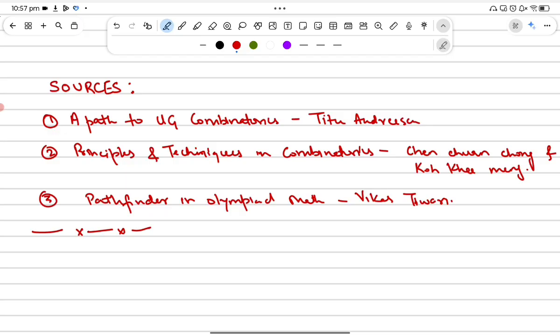So I'm not leaving anything. But you can practice Pathfinder because there are a lot of problems. For practice purposes, I have already picked the best ones from this, but you can solve more. Apart from that, what I expect from you is just attend the lectures and solve all the problems that are being given in the lectures. That's ample.